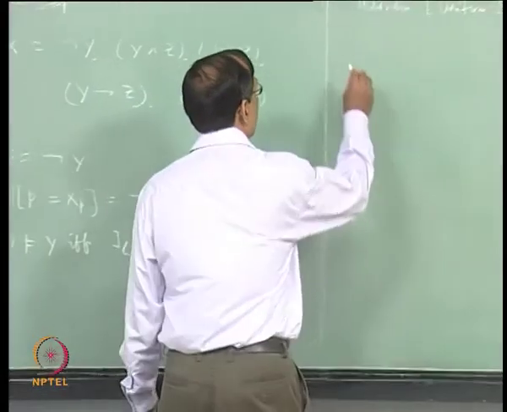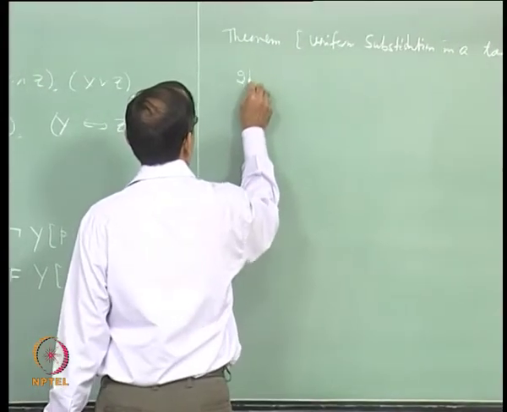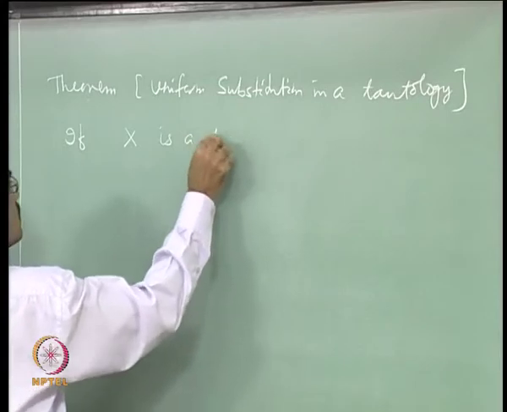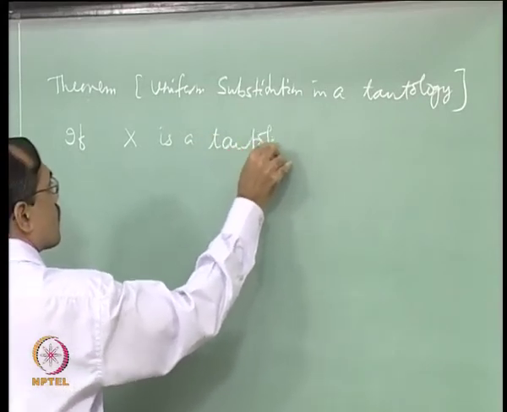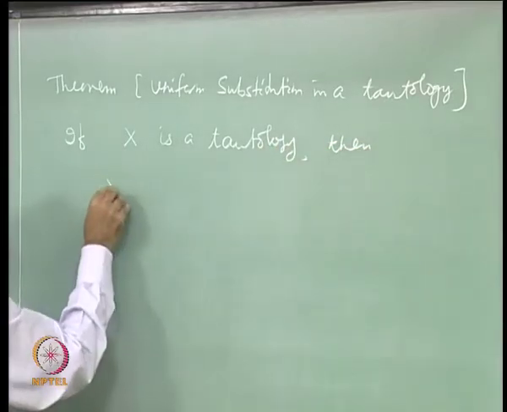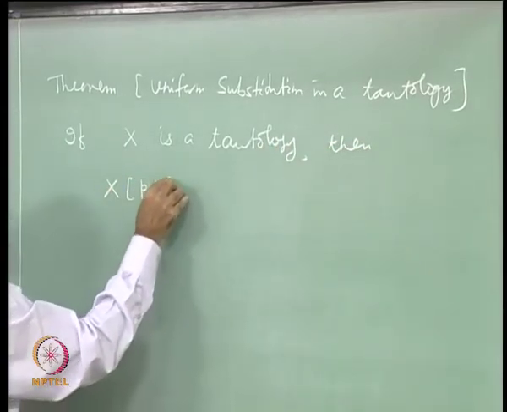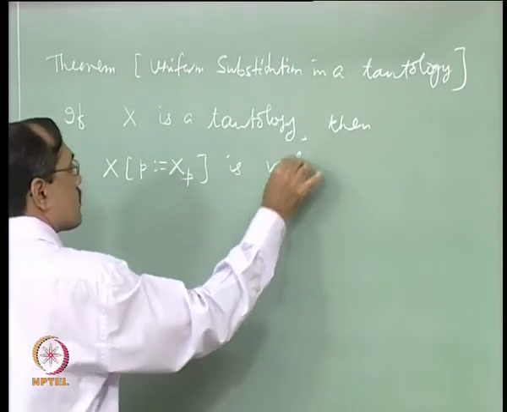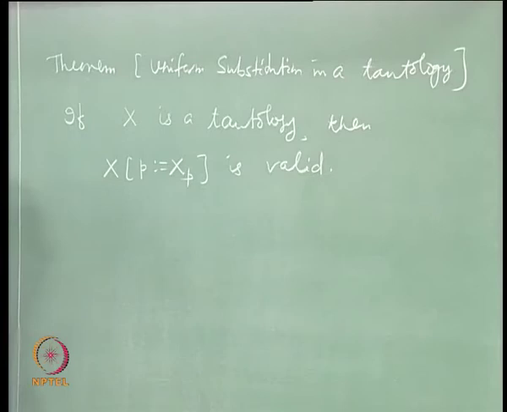So you have to only write it: if x is a tautology, then x where p is substituted by x_p is valid. To write with every detail, we have to go to this first portion of the lemma.